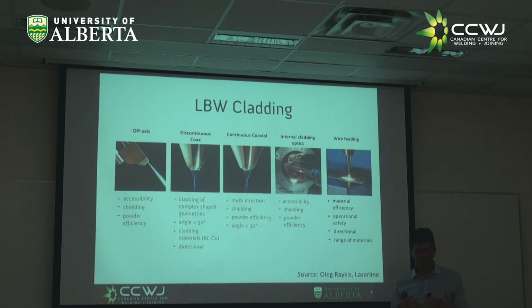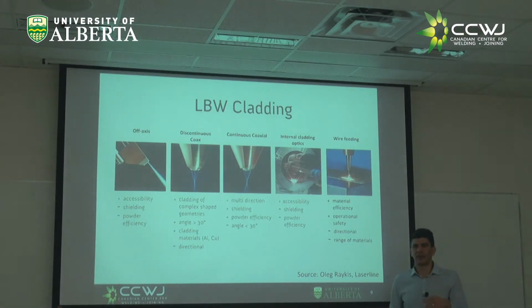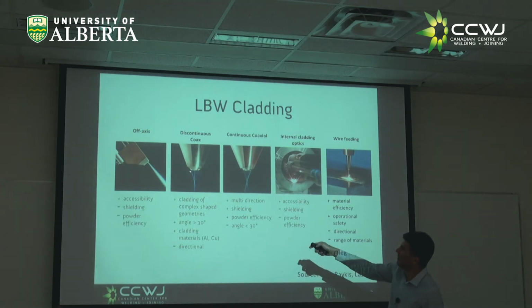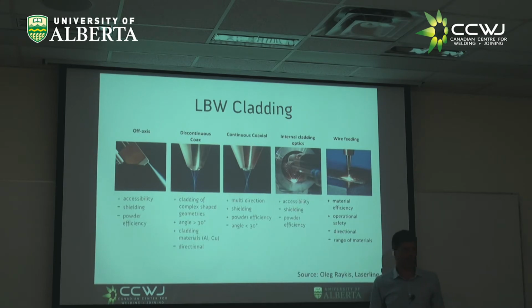Now let's say we're doing a cladding of a flat surface, to which we have lots of access. Then we can have a coaxial. The coaxial means that the laser and the powders come in the same axis, right? And how does it work? Well, in this case, you have 4 holes. Our PTA torch, the one we demoed for you, has 4 holes too, right? That's what they call the discontinuous coaxial, right? And all 4 paths of powders should fall right there in the focus point of the laser too, right?